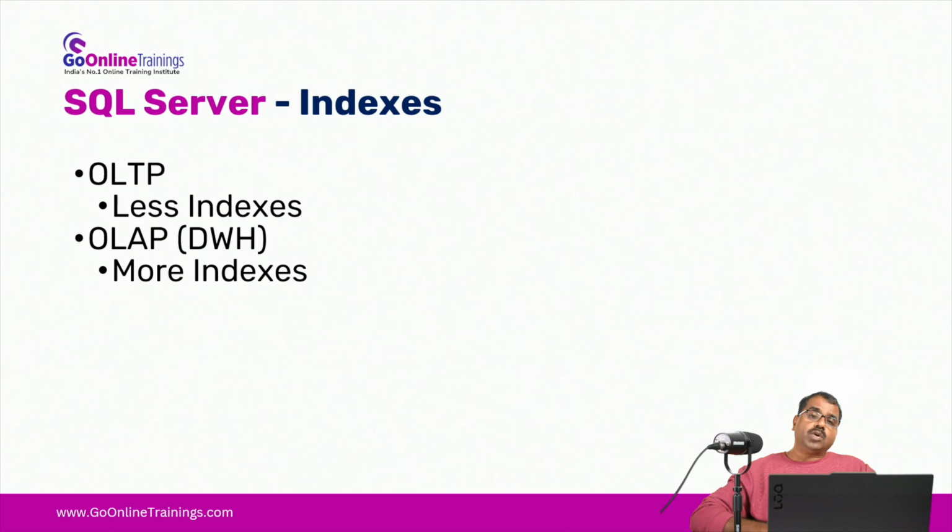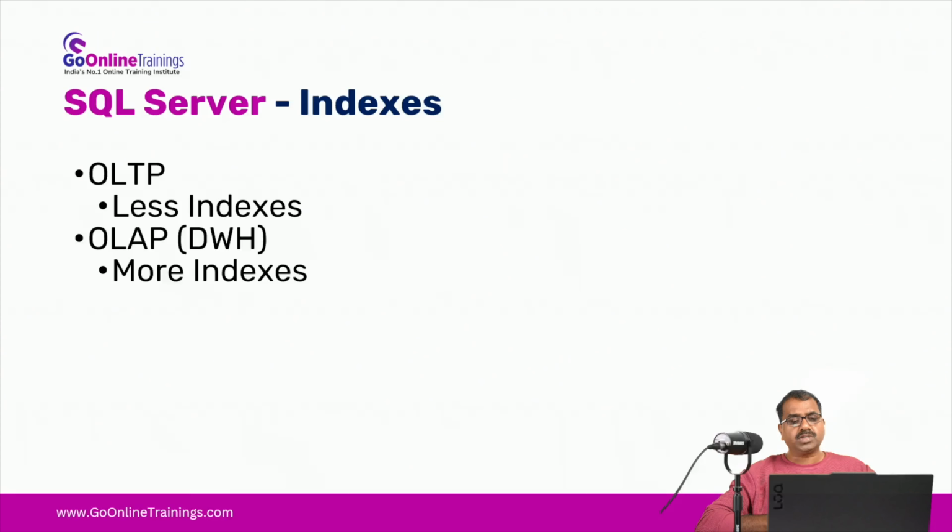Normally we talk about two kinds of systems in the IT industry. One is called OLTP databases or systems, the other is OLAP or data warehousing databases. OLTP is designed so that you have more and more writing capability, right? Most of the time the customers are writing data into the database.